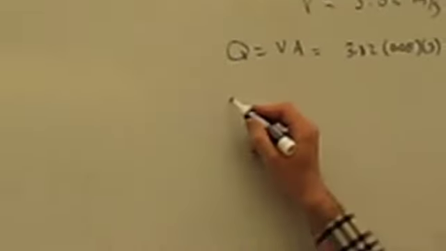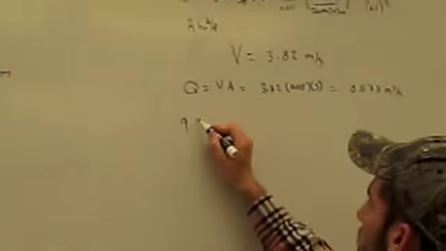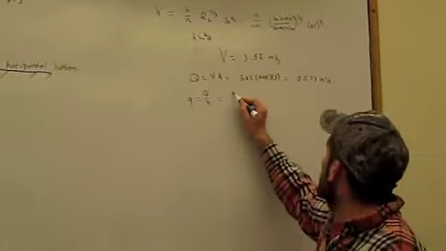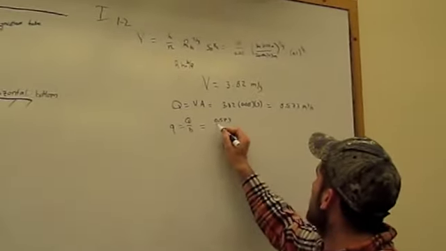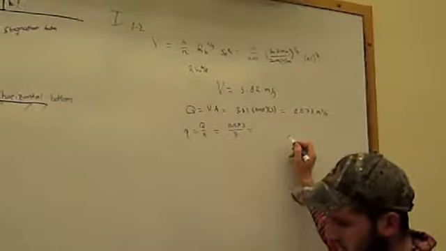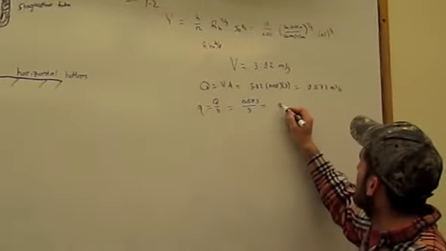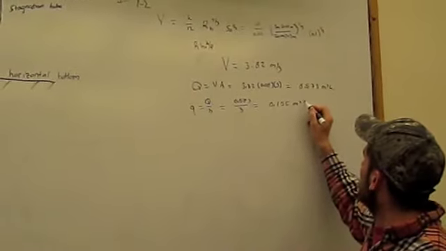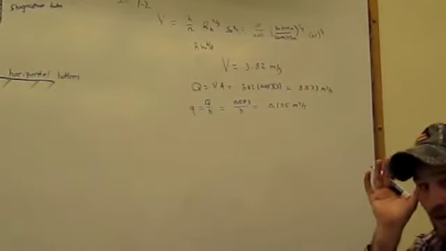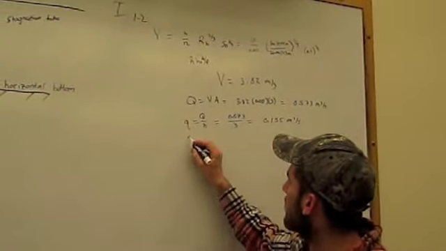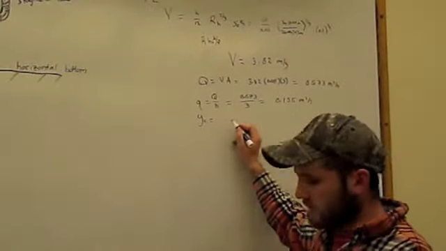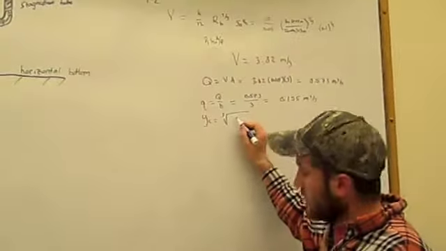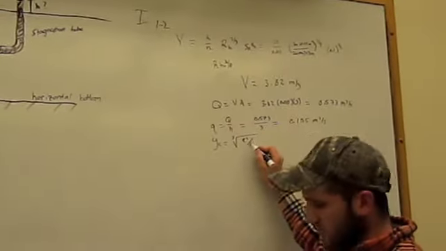From our flow rate, we can determine our lower case q, which is Q over base, is equal to 0.573 over 3, which we get as 0.155 meters squared per second. From this q, we determine our critical depth, given as the cube root of q squared over g.